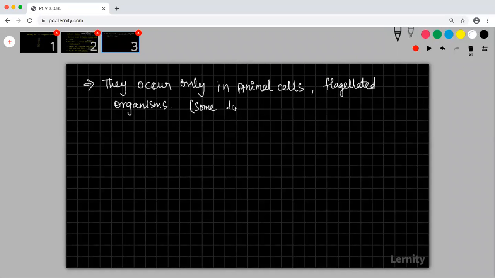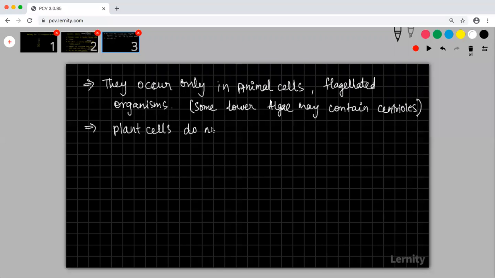Some lower algae may contain centrioles. Usually, plant cells will not have centrioles. Plant cells do not contain centrioles.